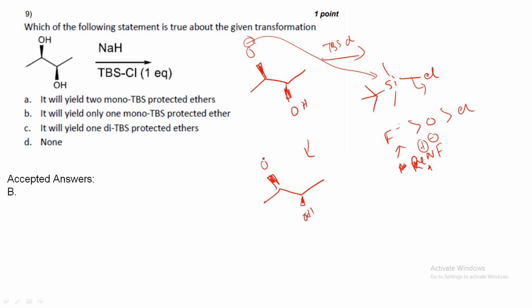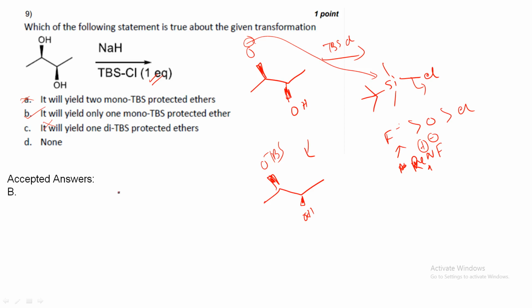As one equivalent is specifically mentioned, it would be one mono-TBS protected ether. So only one would be there, not two. So the di-protected product cannot be generated.